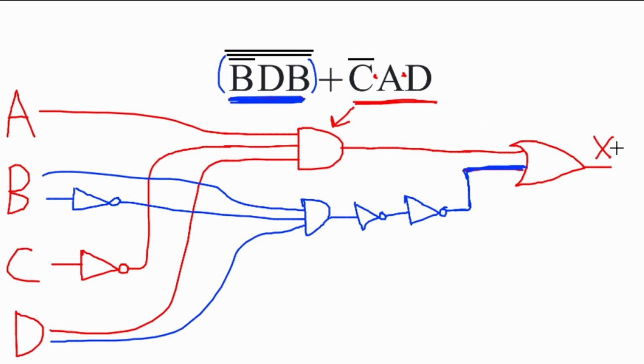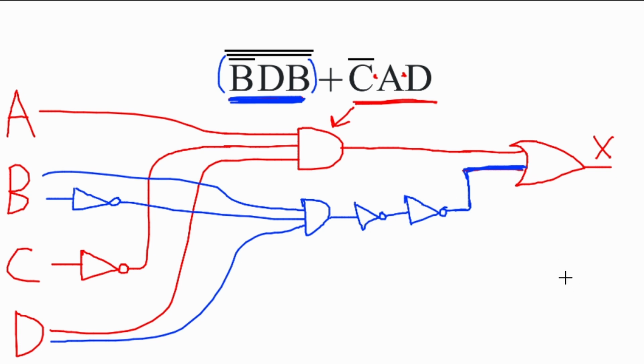X would be equal to 1 if either blue or red became true. And you can see there's quite a few logic gates and connections required to make this happen.